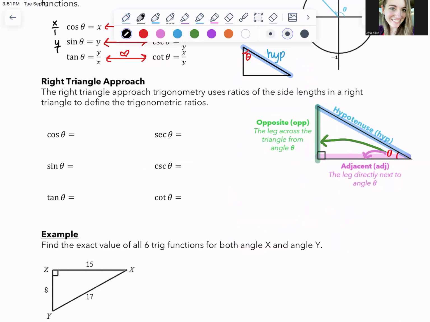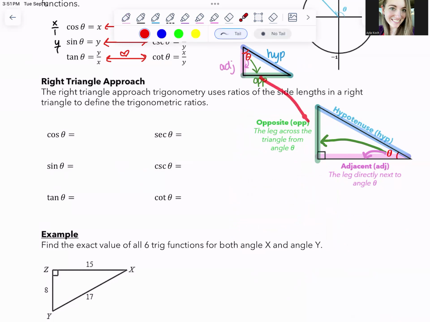However, the side that's directly across the triangle, the opposite side, is down here now. And the side directly next to the angle, that's the adjacent side.